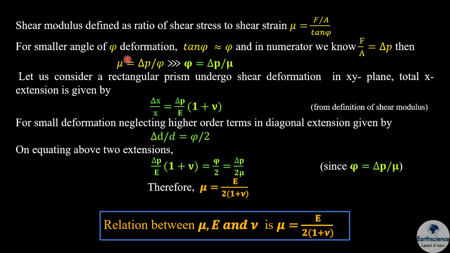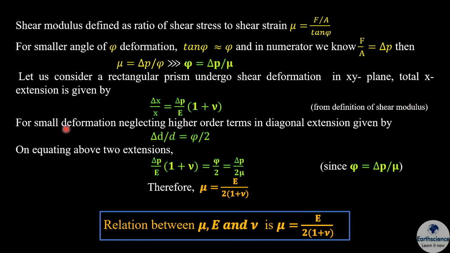First, for the sake of understanding, let us consider a rectangular prism undergoing shear deformation in the xy plane. The total extension is given by dx by x equals dp by E into 1 plus nu. Don't bother about where this nu comes from. This nu is coming from the definition of shear modulus.